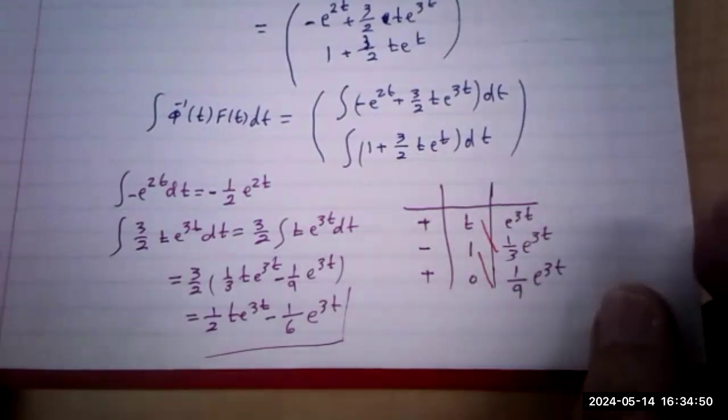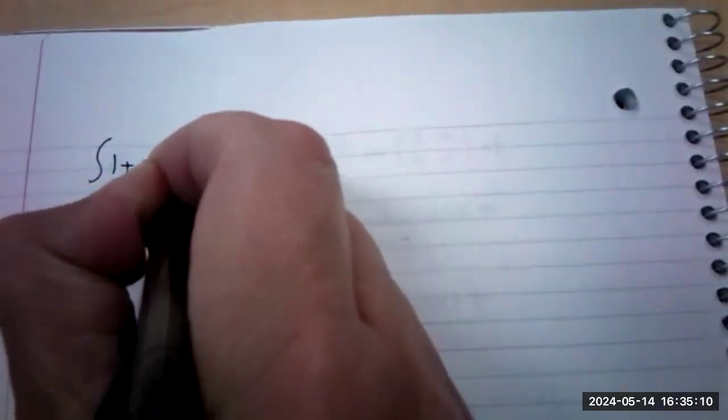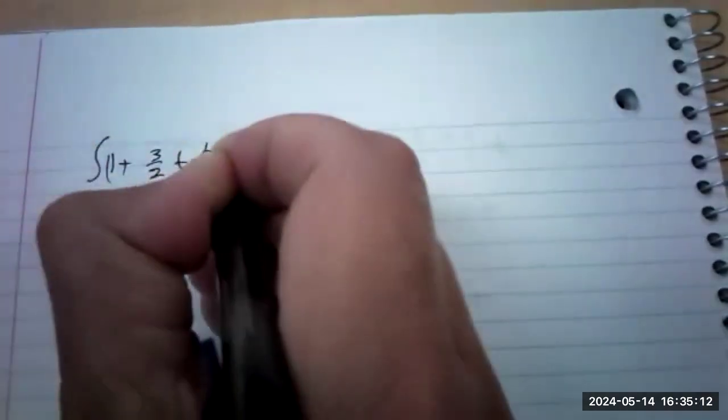So the second one is straightforward. So I just give you the solution for that one right away. So the other part is 1 plus 3/2 t e to the t dt.